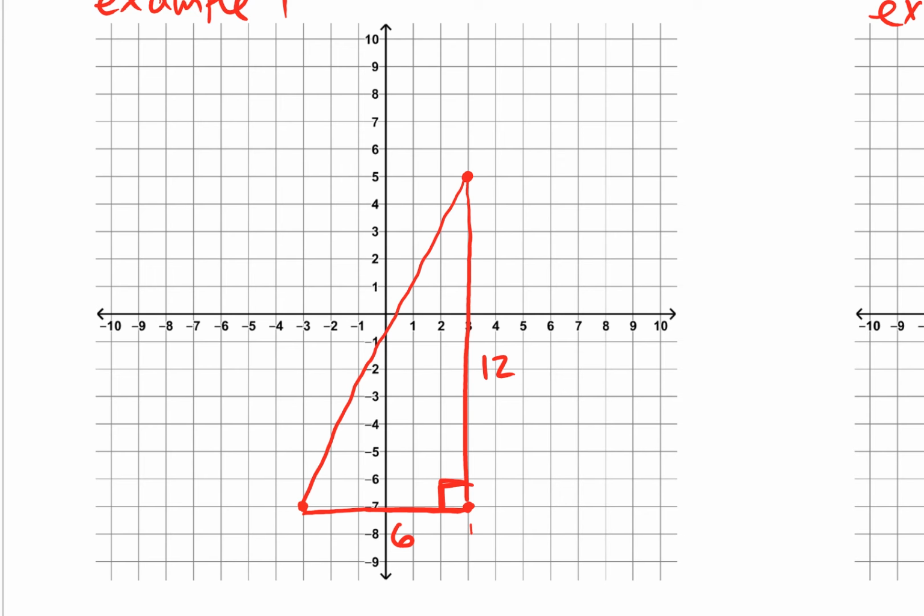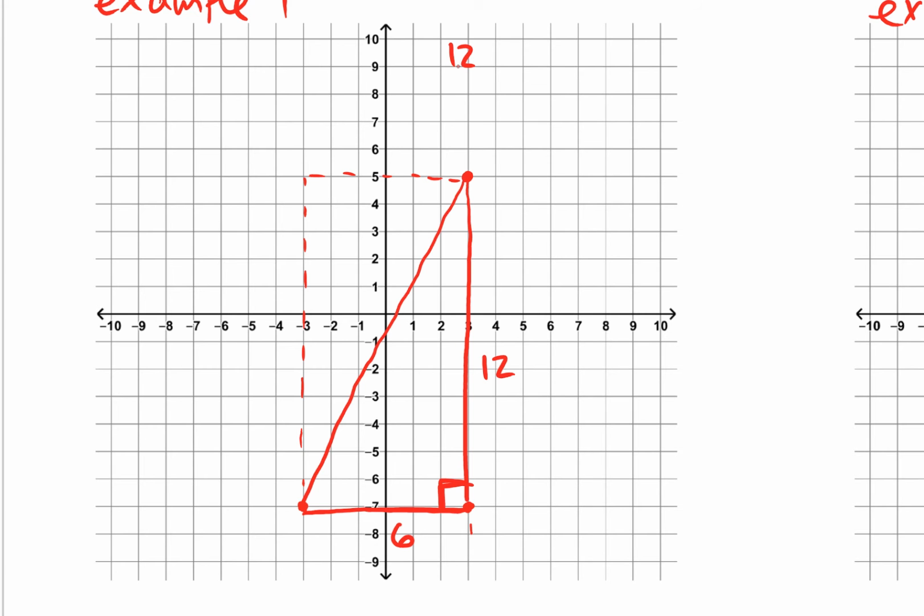So in order to find the area of this, I could consider this entire rectangle. And this rectangle has dimensions 12 by 6. However, I don't have the entire rectangle, I just have the lower half of it. So that's why the area of this triangle, of course, of any triangle, is 1/2 times the base times the height.